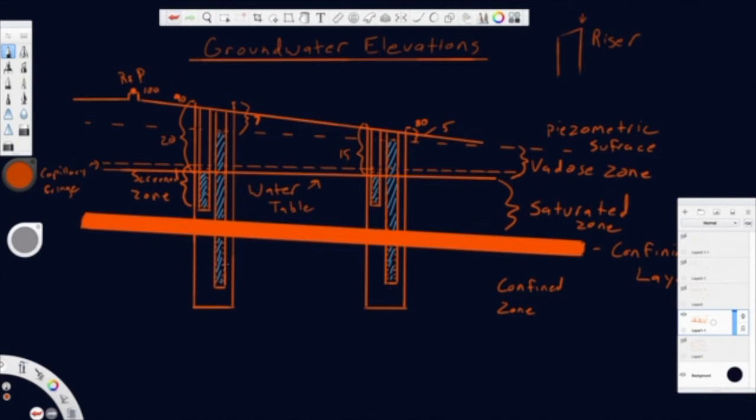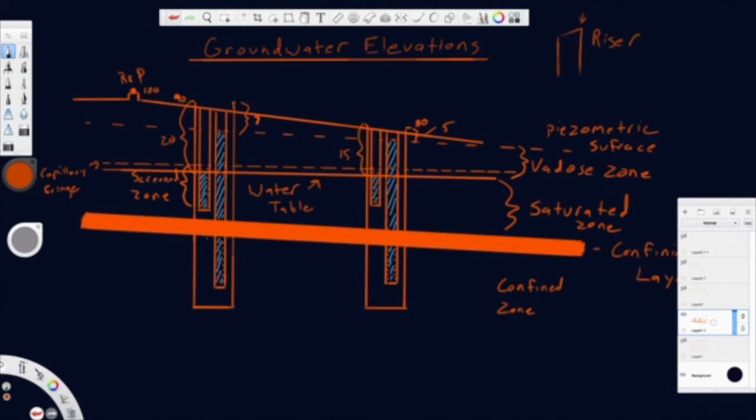And what is the difference here? Well, from the ground surface going down to the water table, this is what's known as the vadose zone, or the unsaturated zone. And basically that means your pore volumes, your pore voids, or the empty space between soil particles, are not fully saturated. So you don't have as much water as you possibly could have.